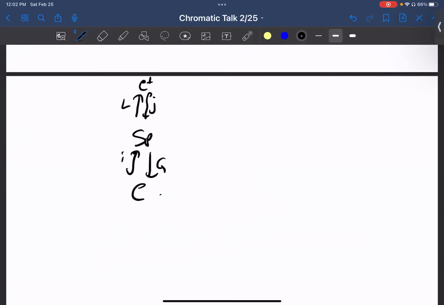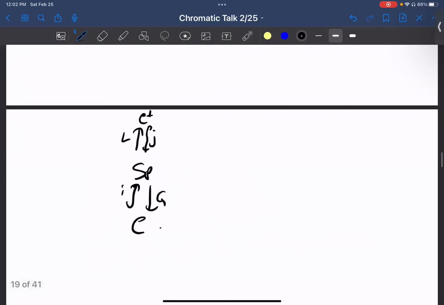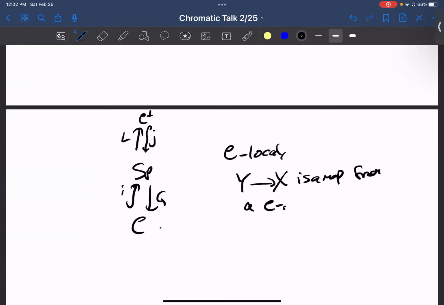And now in order to define C dual, a classical way is to take objects which are C local, which means that if Y to X is a map from a so-called C nilpotent object, then it is homotopic to 0.